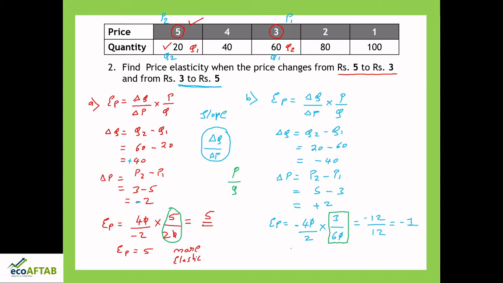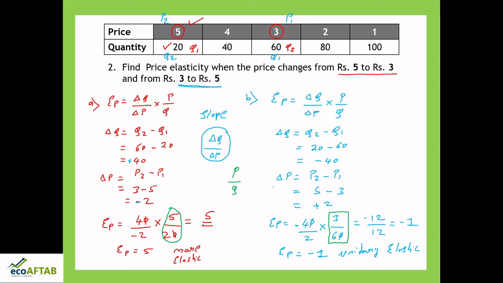Now, what has happened? Our price elasticity of demand is, the value is minus 1. Again I told you this minus can be ignored. So, if the value is 1, it means it is unitary elastic.